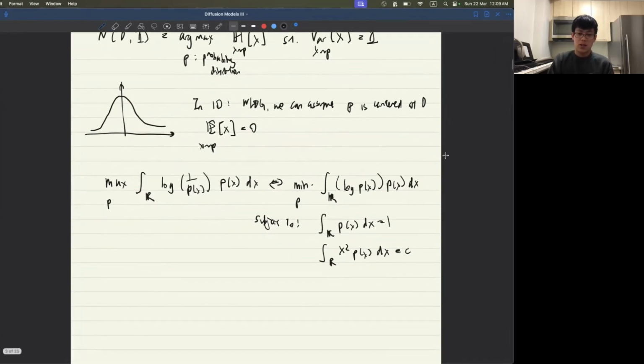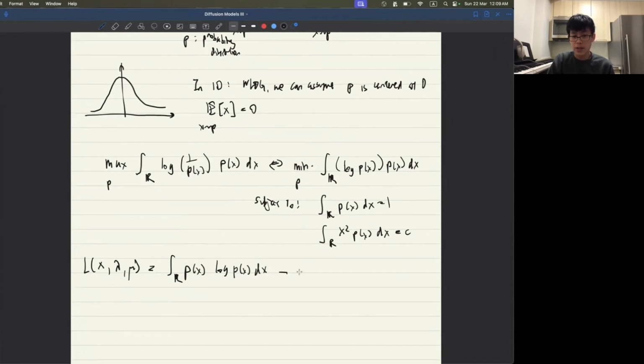Whenever we have an optimization problem, one of the go-to methods is to use the Lagrangian. So we can formulate this optimization problem as a Lagrangian with dual variables lambda and mu, where the Lagrangian is the objective itself, so let me write p(x) in front, minus each of these constraints: lambda times (the integral of p(x) dx minus 1), minus mu times (the integral of x squared p(x) dx minus C).